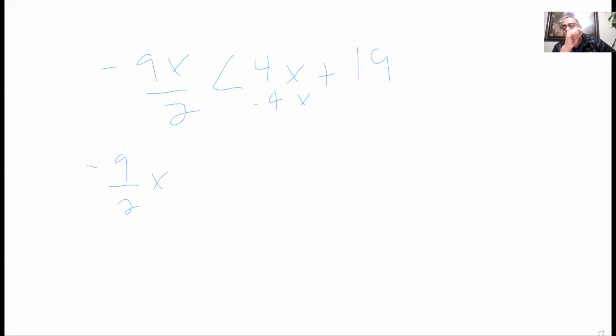Remember that whole numbers always have a 1 under them, so that we can subtract fractions. Because we have a fraction on the left, we put it in fraction form: minus 4 over 1 x is less than 19.